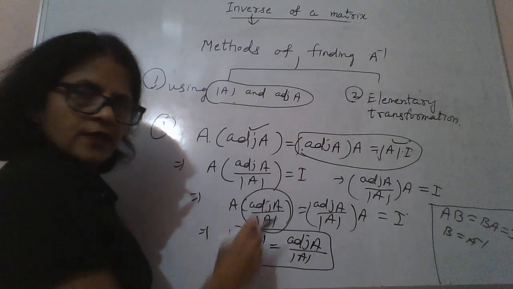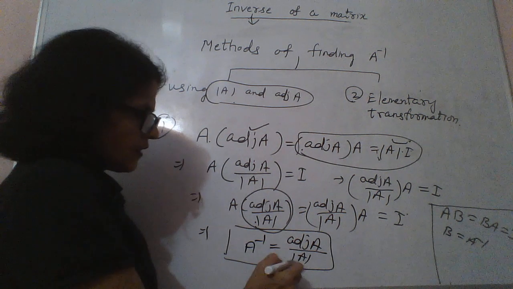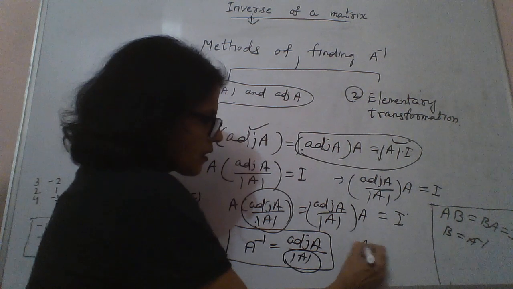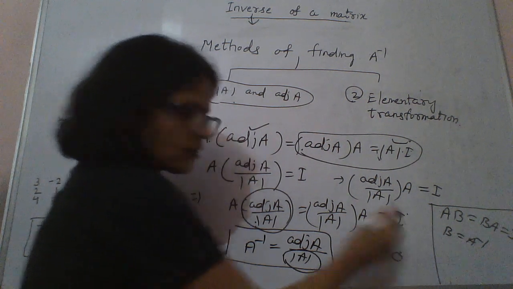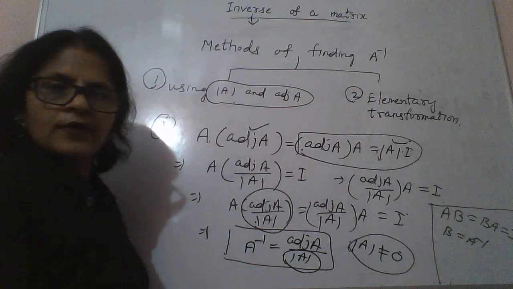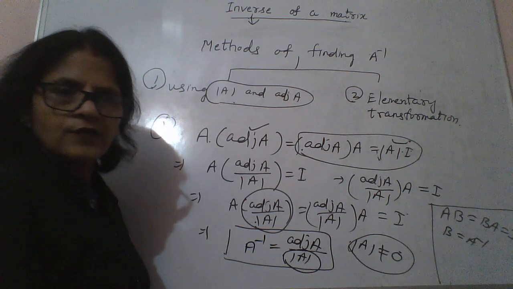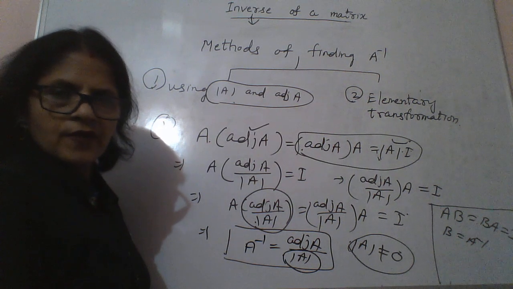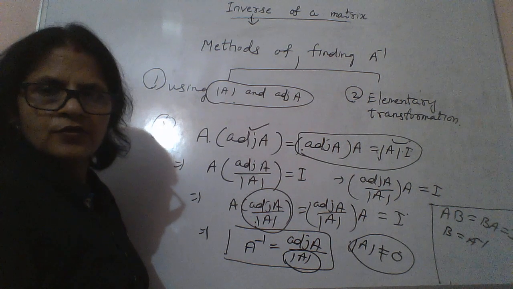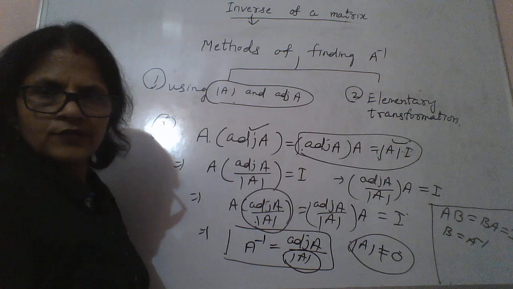By looking at this expression, it's very clear that the denominator cannot be 0, which means determinant of A is not equal to 0. So if determinant of A is not equal to 0, it means A is a non-singular matrix, because a non-singular matrix is a square matrix whose determinant is not equal to 0.